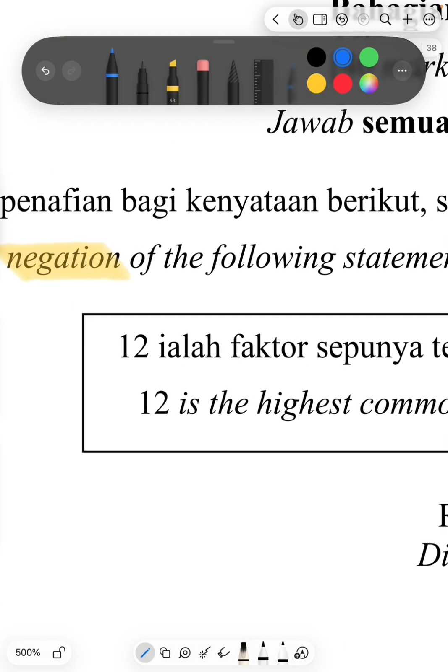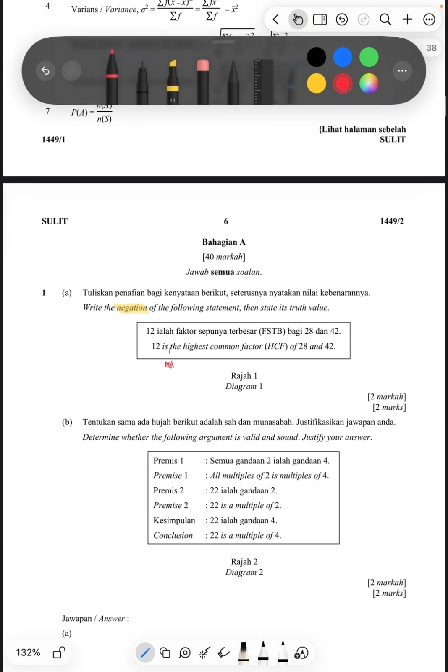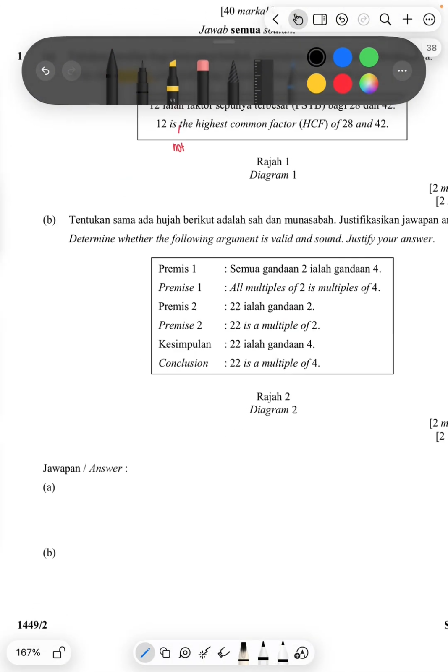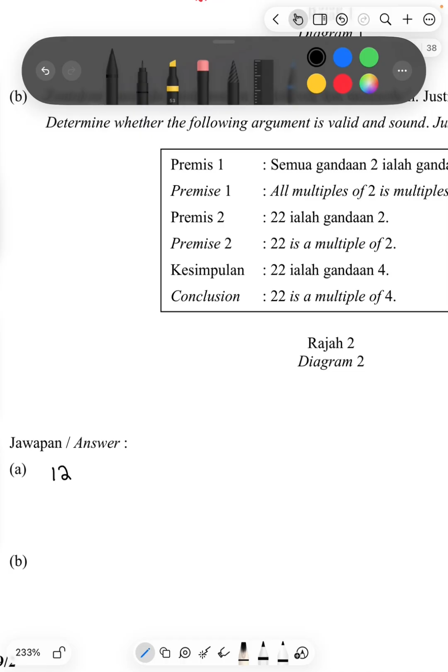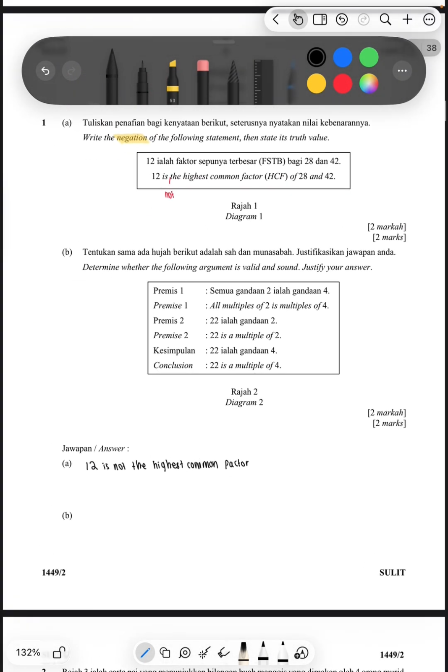So what we have to do is just add not here. So 12 is not the highest common factor of 28 and 42.